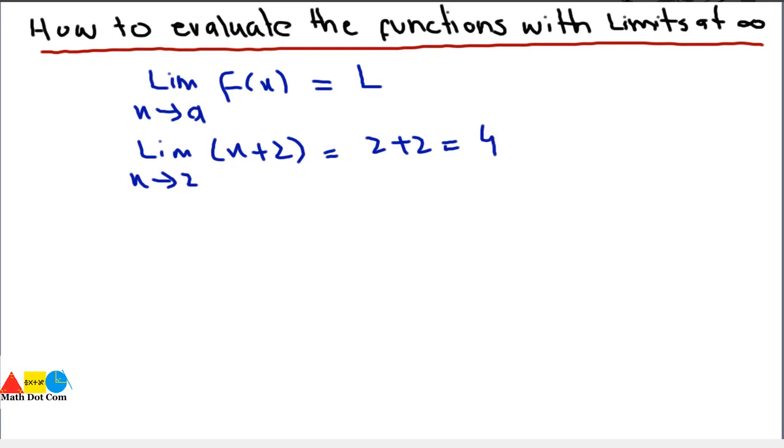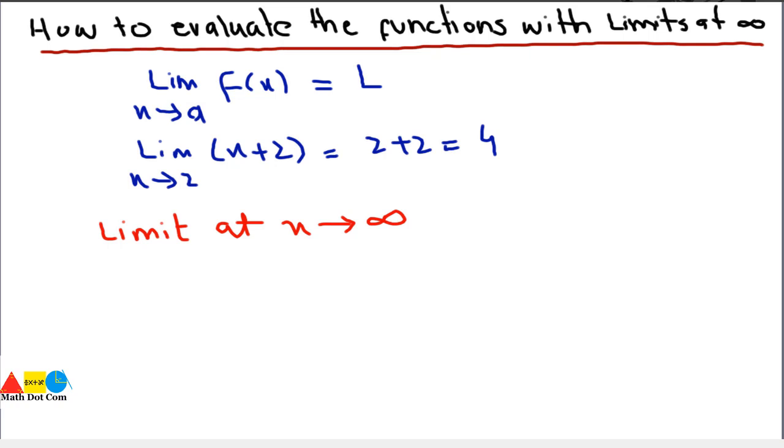But what if the limit is at infinity? That is, the limit as x approaches infinity. Now what is this and how can you evaluate a function that has a limit at infinity?